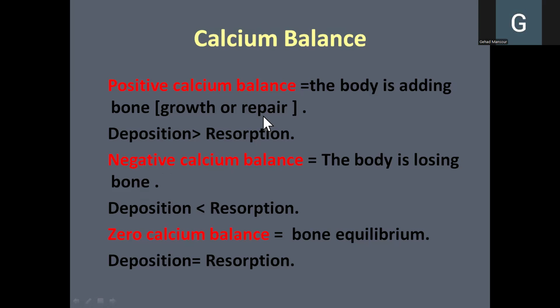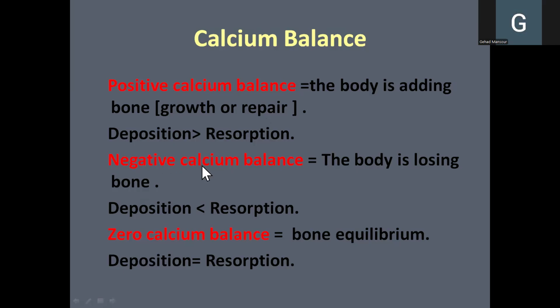But it also happens in grown-up people and old people if we need to repair an area. And in such a case, we would be in a temporary positive calcium balance because we need to deposit more than we need to resorb.